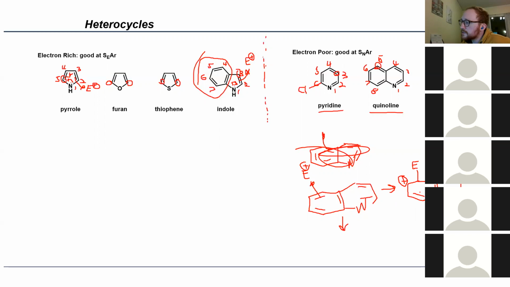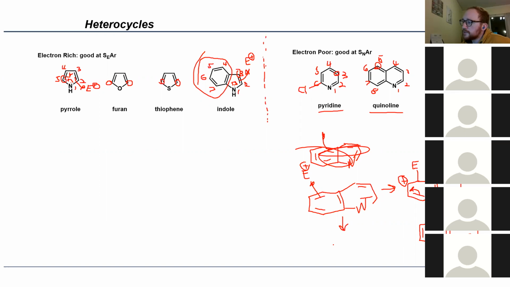In this case, the dominant resonance structures for C5 substitution are these two, because in both of them the quinoline ring stays fully aromatic and intact.